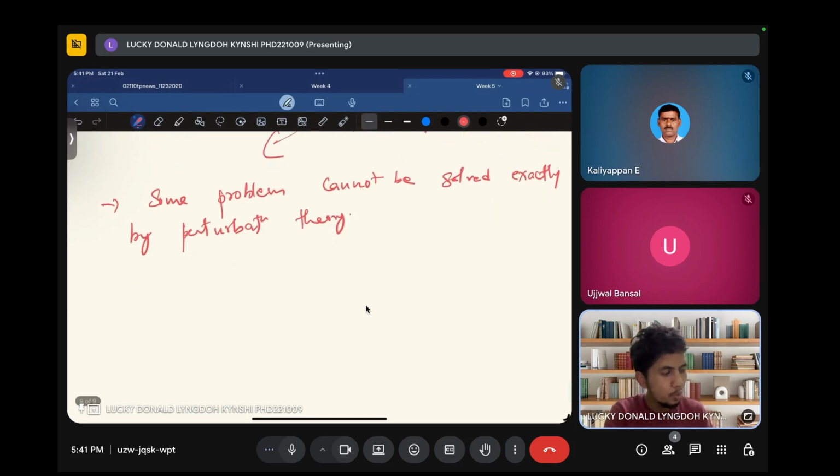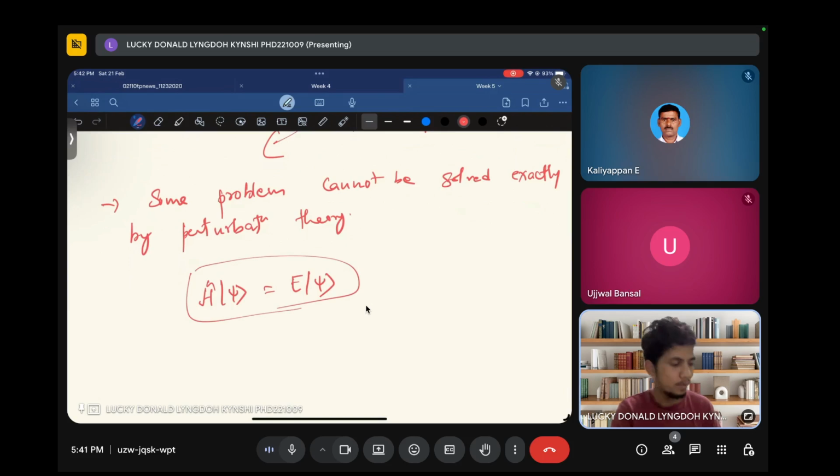So what do you do? What is the difference? In normal cases, you solve the Hamiltonian H psi and you get the energy. This is what we have been doing all along, right? The Hamiltonian is given to you, p squared by 2m plus the potential, and you solve it and get the energy term.